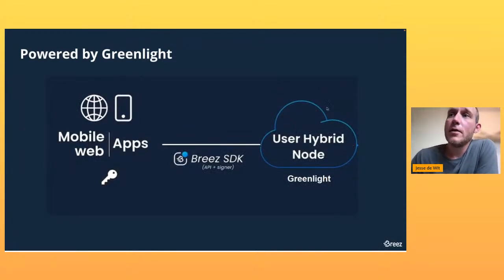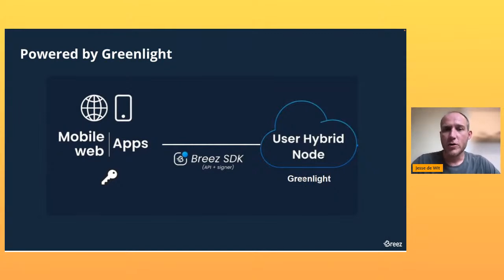So for the user node, we chose Greenlight. It's a product made by Blockstream, where you get a Lightning node in the cloud, but you hold the keys on your own device. You can see Greenlight as the infrastructure provider for hosting a Lightning node, right?